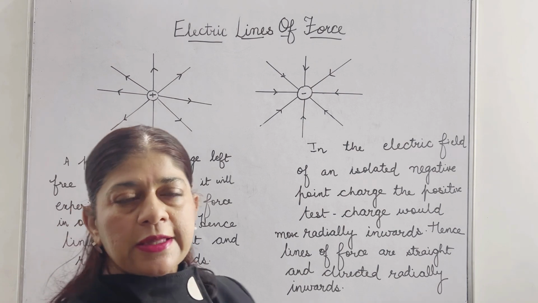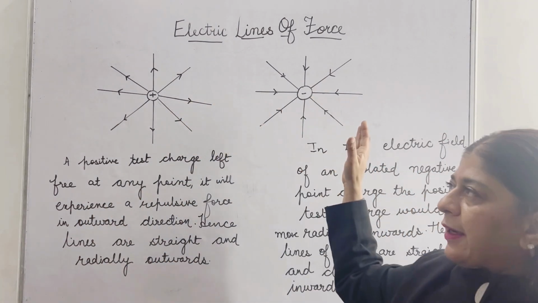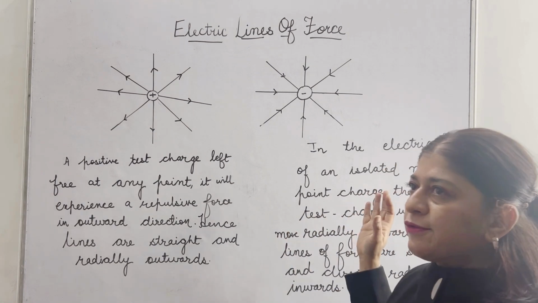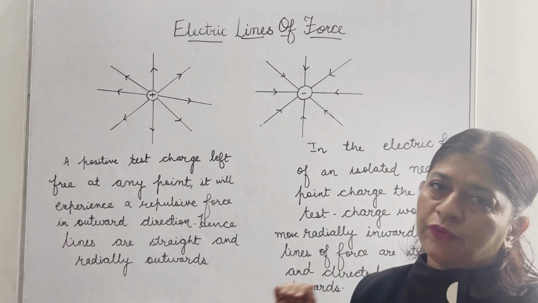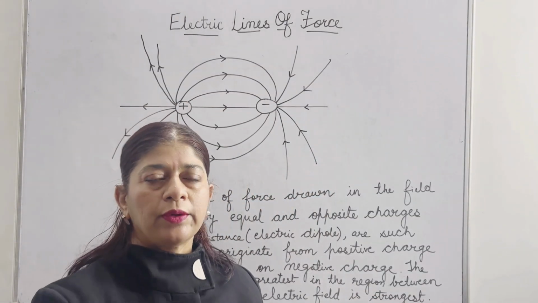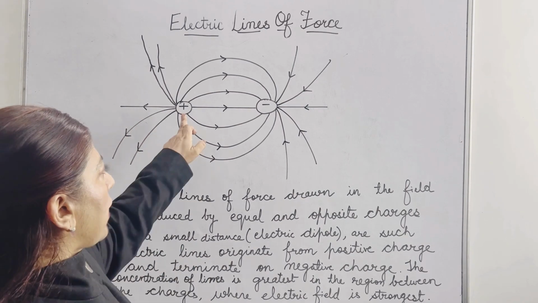So these are the lines of forces for positive and negative charges. For a positive charge, they are radially outward, and for a negative charge, they are radially inward, as shown in the figure.